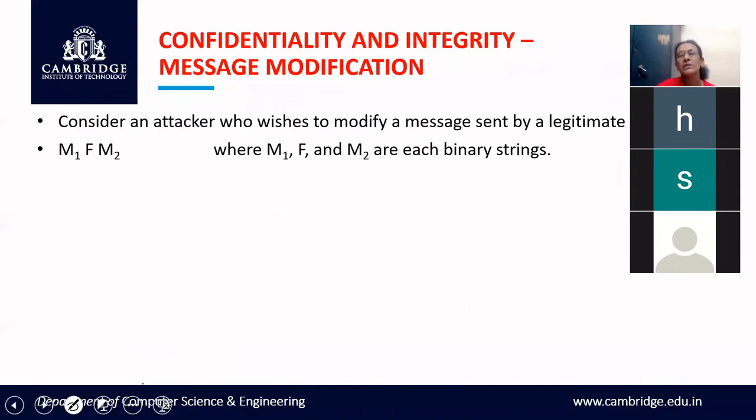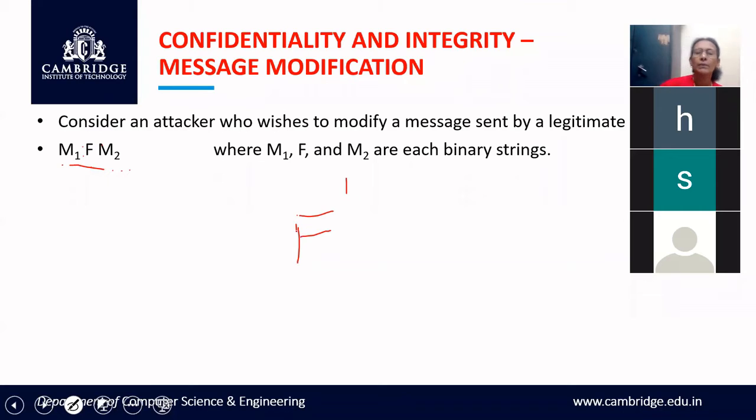The other problem is message modification. The attacker can easily modify a message in a way the receiver will not be able to find out. Suppose you have a message and you are breaking it into three parts, M1, F and M2. The same binary string you are dividing into three parts. What the attacker wants to do is replace this part F by another string F dash.